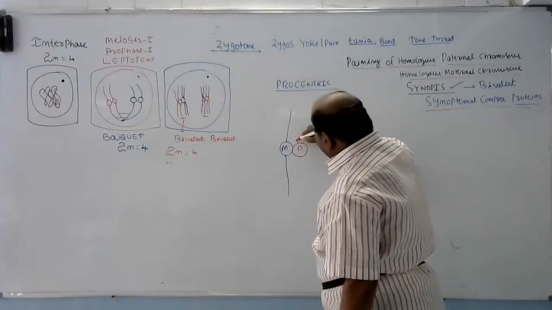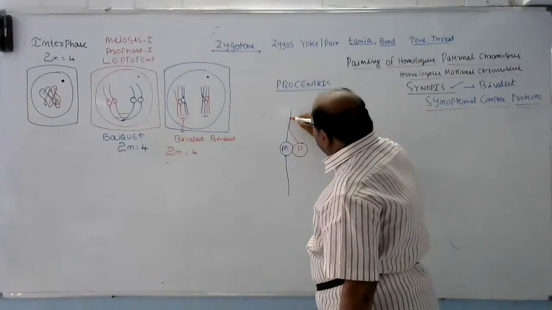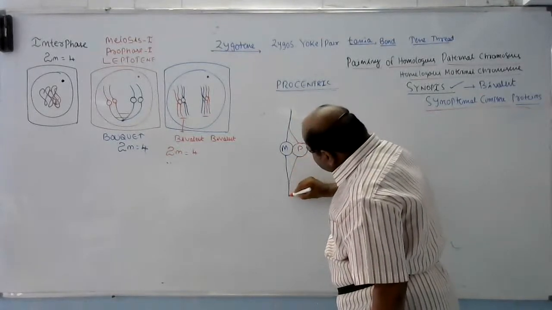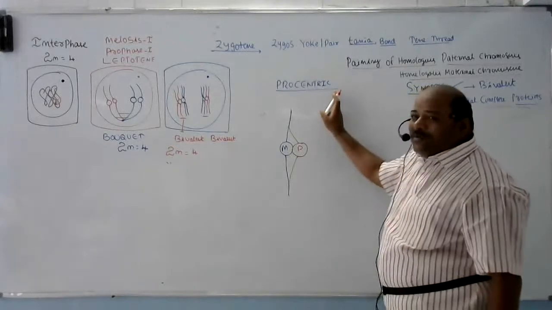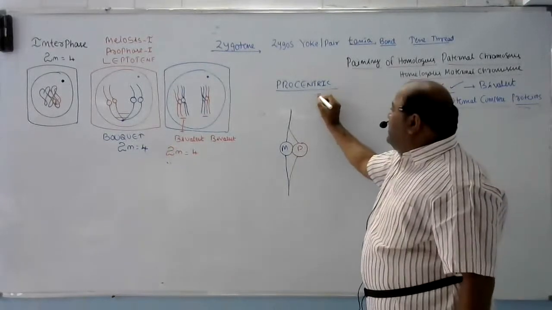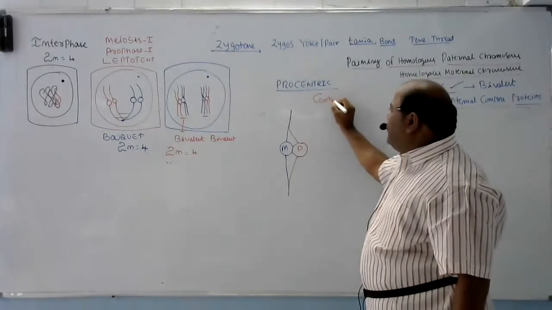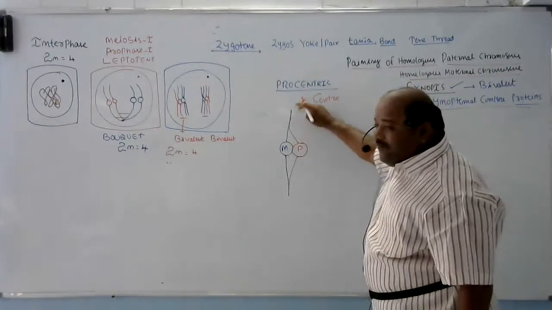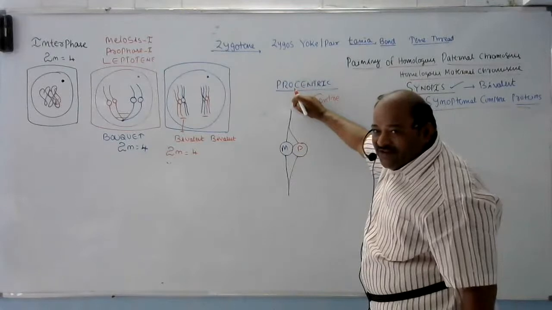Further, pairing will take place. So procentric means pairing happens from the centromere, the center, towards the terminal region.